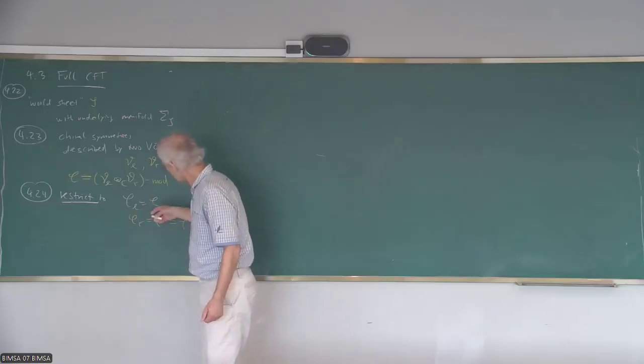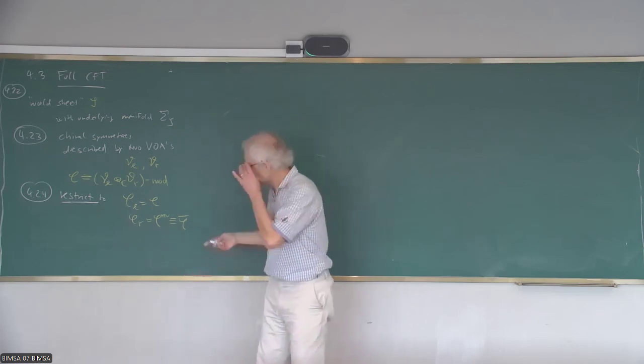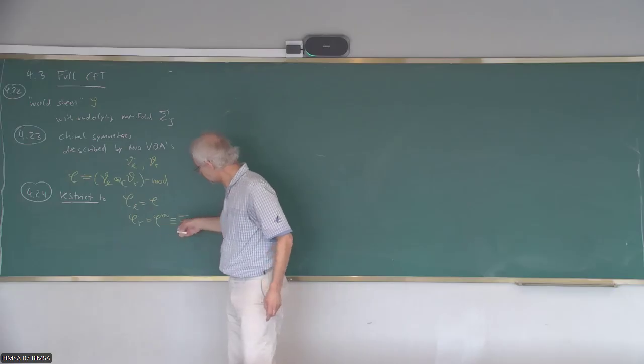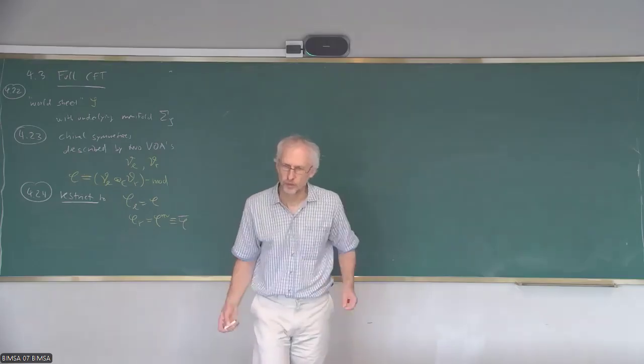In the rational case, this would be a modular tensor category, so in particular braided. Modular fusion category, but in particular C is always braided, and C reversed or C bar is the same underlying monoidal category, but with opposite braiding.